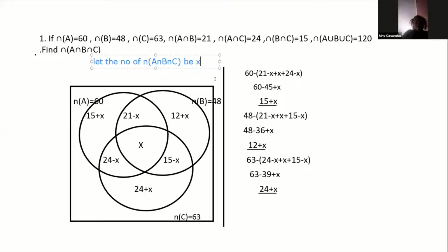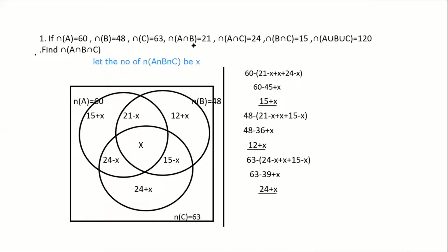Then you move out to another intersection. I can now go to the intersection of A and C. You've already fixed the X. A and C, according to the given information, we have 24. Now, to fill in that other region between A and C, how do you fill it in?